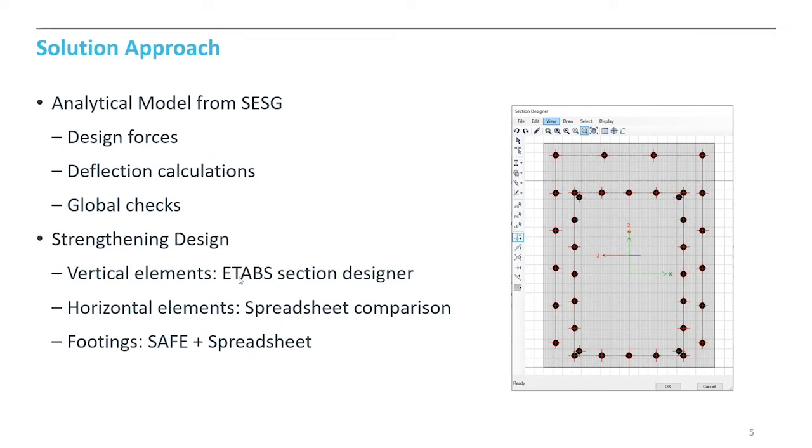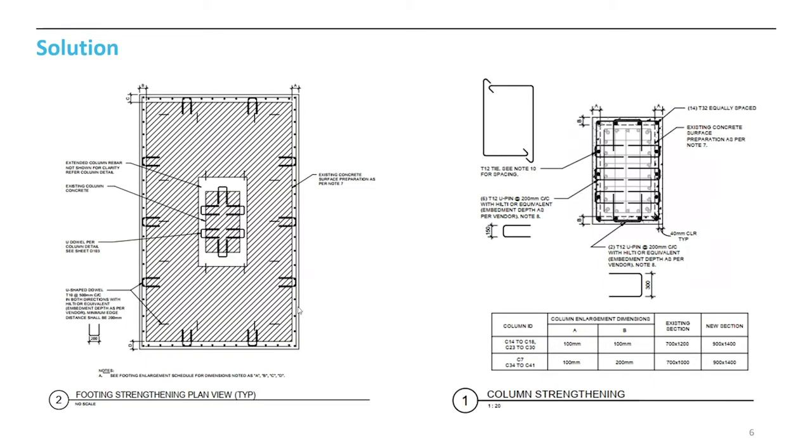For horizontal elements like beams, we did a spreadsheet comparison of what was provided and what is the new requirement from the updated construction. For the footing, it was a combination of SAFE model as well as spreadsheet checking. So that was our overall approach. We provided solutions in terms of column strengthening.